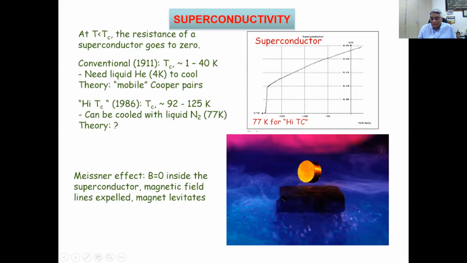Meissner effect is nothing but this black block here is, in fact, yttrium barium copper oxide, which is in its polycrystalline form. I'll explain what polycrystalline is in this particular case.